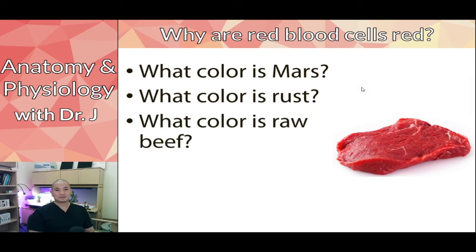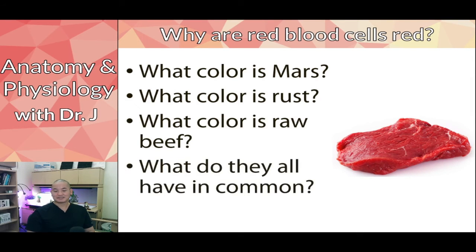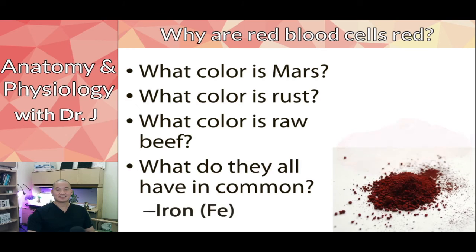How about raw beef? What color is that? Yep. And what do they all have in common? Well, Mars, rust, raw beef, they all have a lot of iron. So the iron is one of the main reasons why blood is red, and also these other things. And rust is iron oxide. So again, they all have iron.